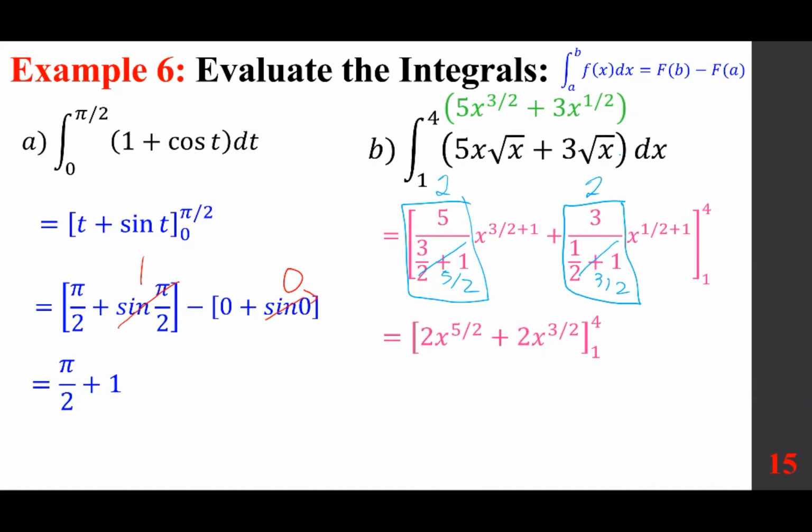So 2x to the power of 5 halves plus 2x to the power of 3 halves, evaluation from 1 to 4. Let's plug in the 4. Let's plug in 1. So first we plug in 4, minus, then we plug in 1.